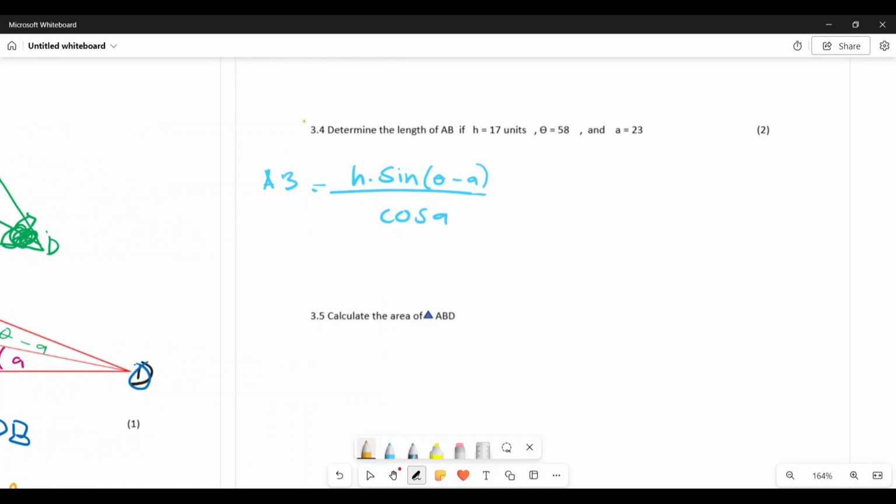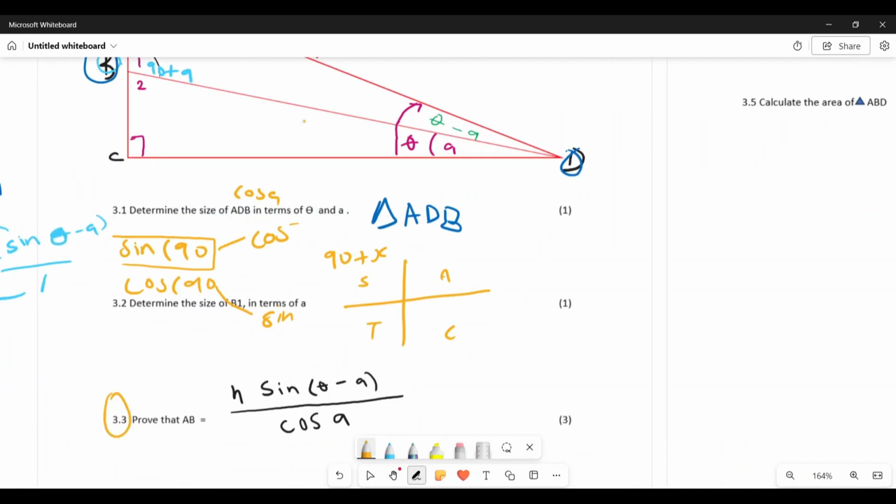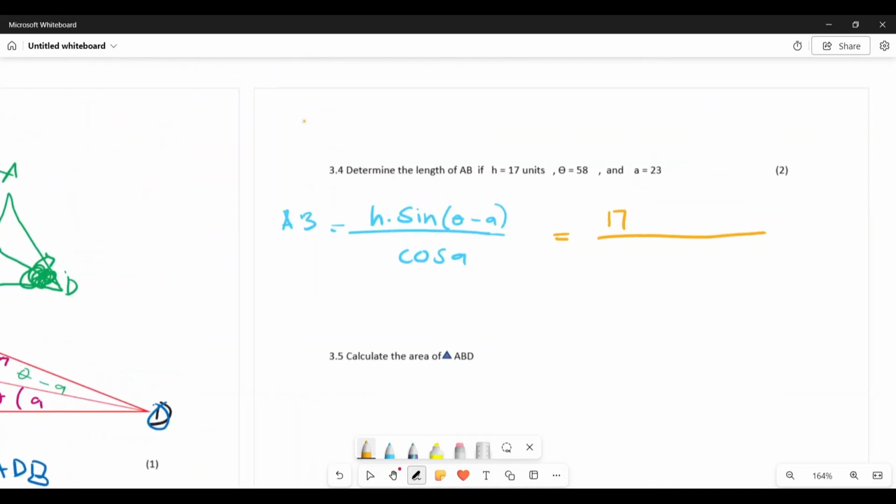Our value of H is 17. So even if you didn't manage to prove this on 3.3, for the preceding question you just had to take whatever they asked you to prove and substitute the values you're given. So 17 multiplied by sine, my theta is 58, subtracted by my value of A, which is 23 degrees, all over cos 23.